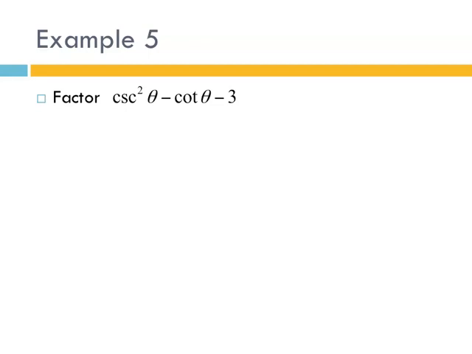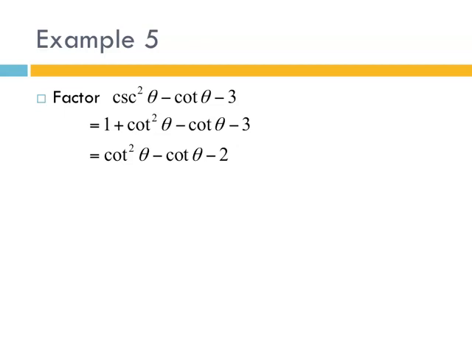Now there is a Pythagorean identity that we can use here, and that's cosecant squared is equal to 1 plus cotangent squared. So if we use that and simplify this down, that leaves us with everything just in terms of cotangent. So now we just have cotangent squared minus cotangent minus 2.